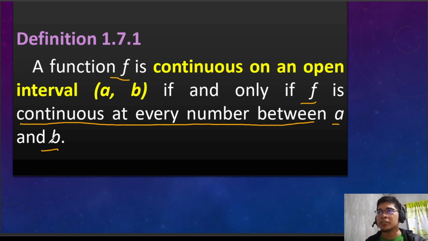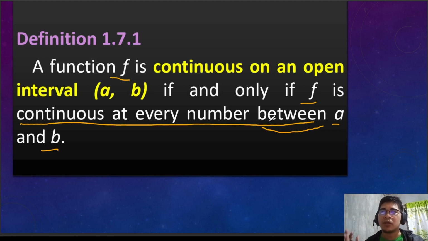Sa atong timanan ang term nga dapat si f is continuous siya sa tanang numero between, meaning mga numbers nga naa sa tunga or between sa a or sa b.